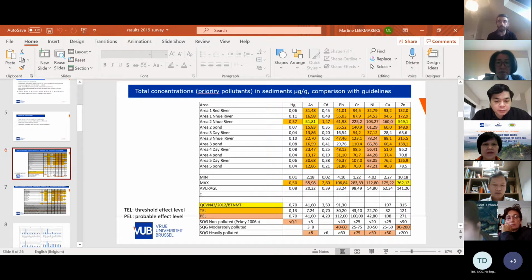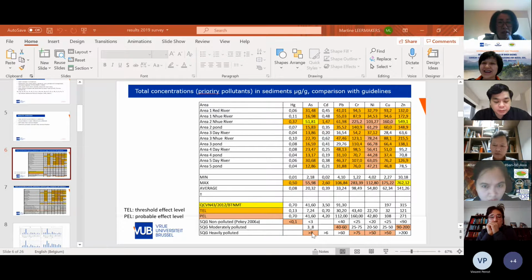But even from the soil samples Tao brought with her, we did the mercury analysis. They are also below the Vietnamese standards. So in the area where Tao got the soil sample, mercury is not a concern, but cadmium is high. Actually, I have a question.